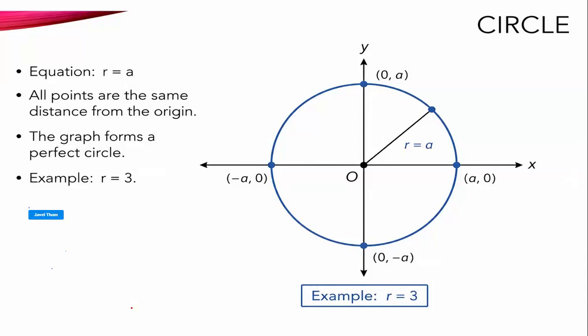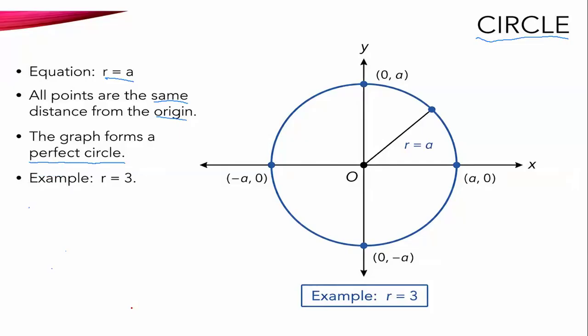Yeah, so with this example, we're looking at a circle, and for the circle we have r is equal to a. So all points are the same distance from the origin, and the graph forms a perfect circle.